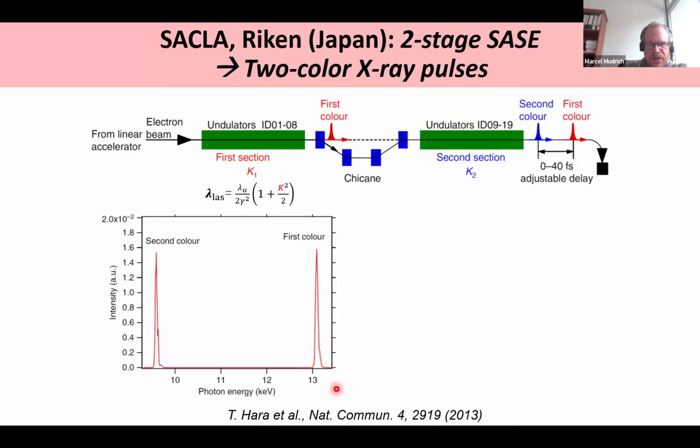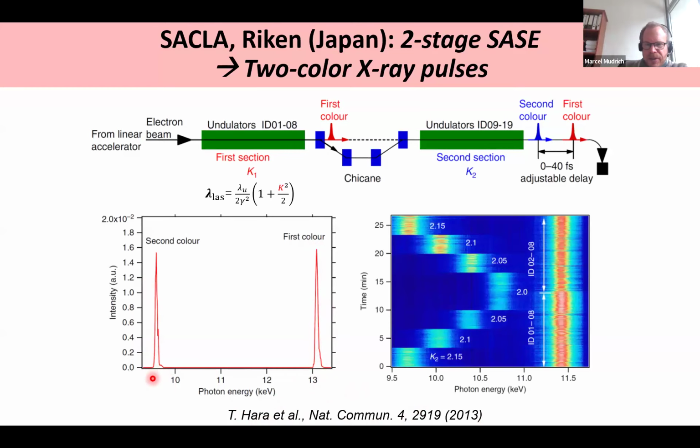For example, with the first color tuned to 13 keV and the second color to just below 10. And also in this proof of principle publication, they showed that you can keep one color, so the photon energy of one pulse, at 11.4 keV or so, while stepping through the photon energy of the other pulse just by tuning the K2.